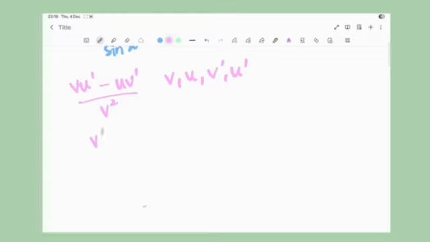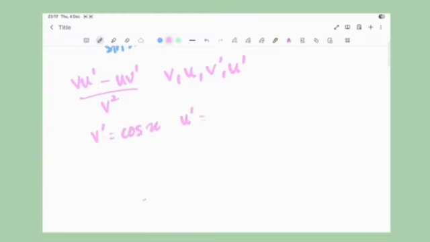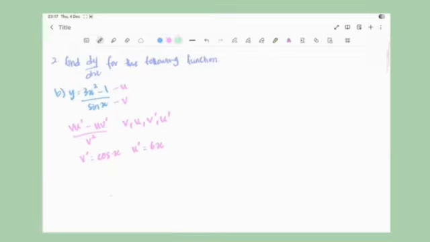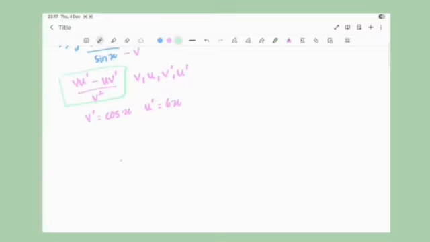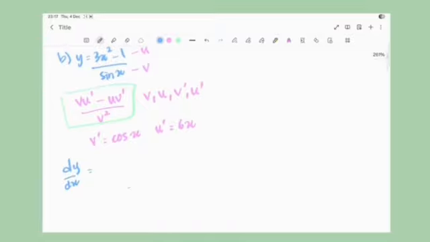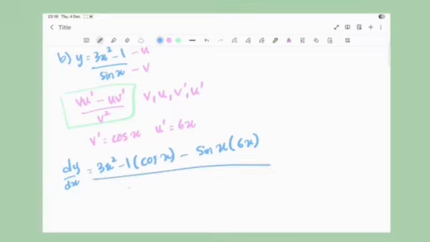Then we find the primes for v and u. For v prime, it becomes cos x, and for u prime, it becomes 6x. Then we use the quotient rule to solve the question. So dy/dx equals sin x multiplied by 6x, minus 3x squared minus 1 multiplied by cos x, divided by sin squared x.